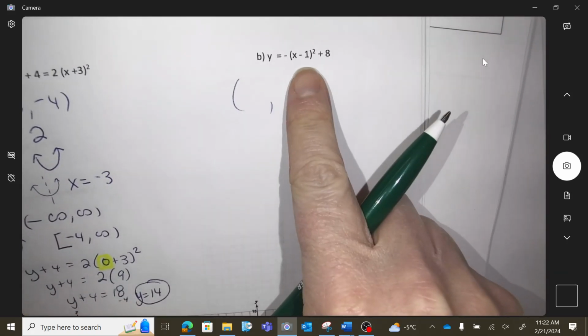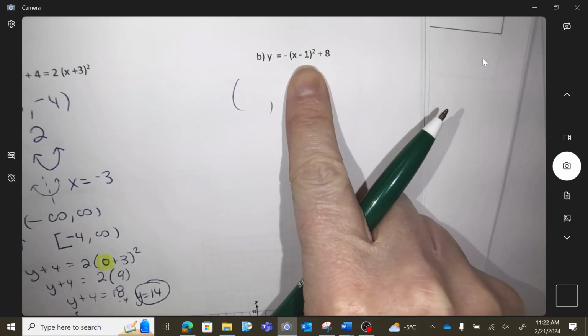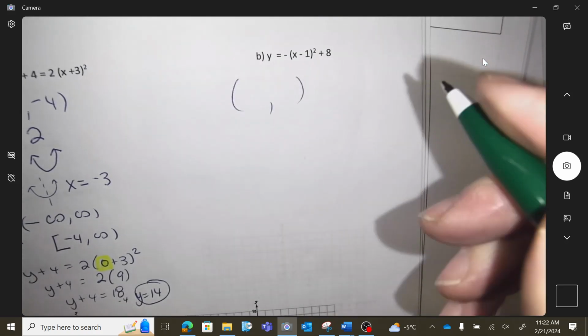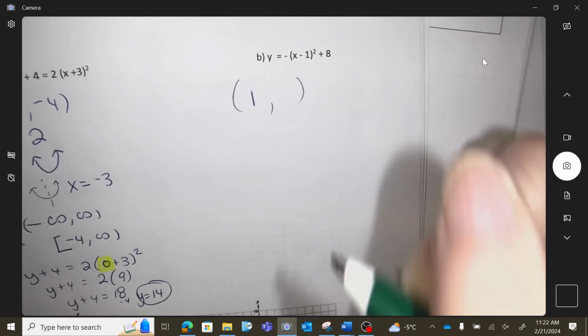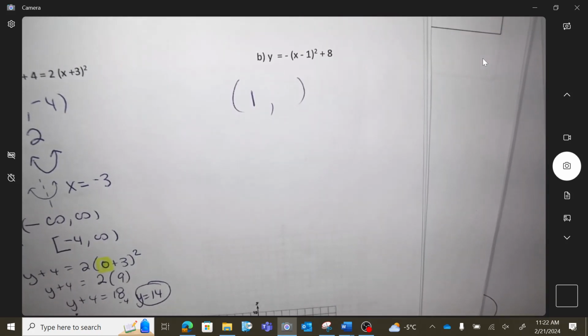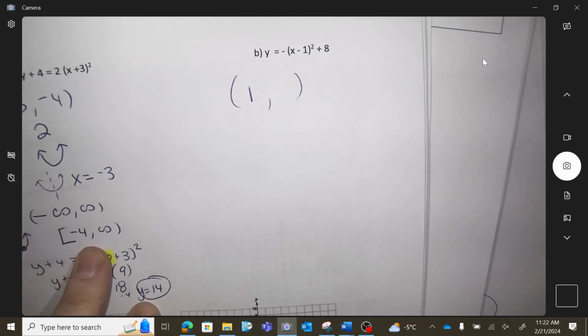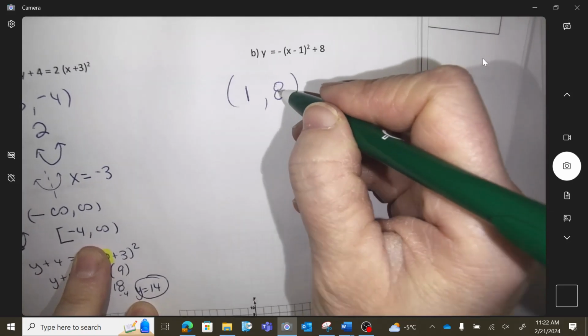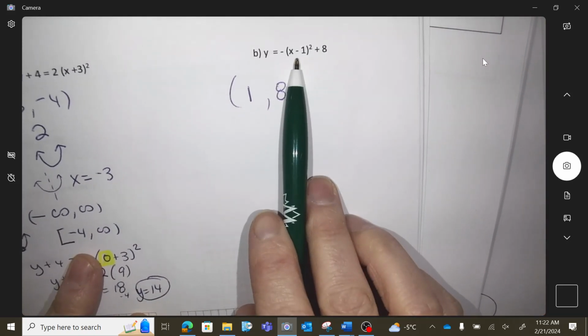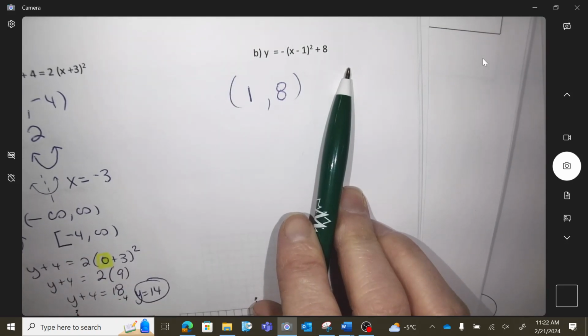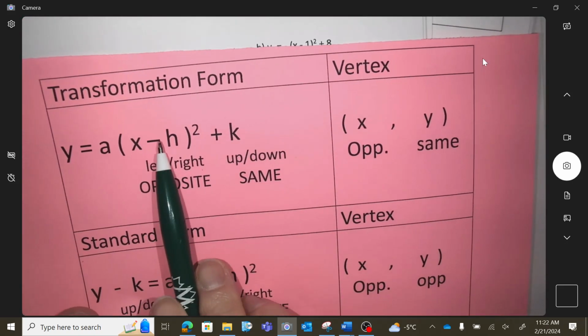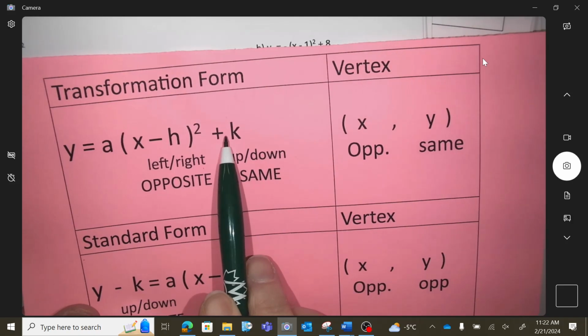The 1. Should I do a same one or an opposite one? Opposite one. And then the other part is an 8. So should I do a same 8 or an opposite? Same. So that was opposite, but then that one was same, because my formula said opposite, same.